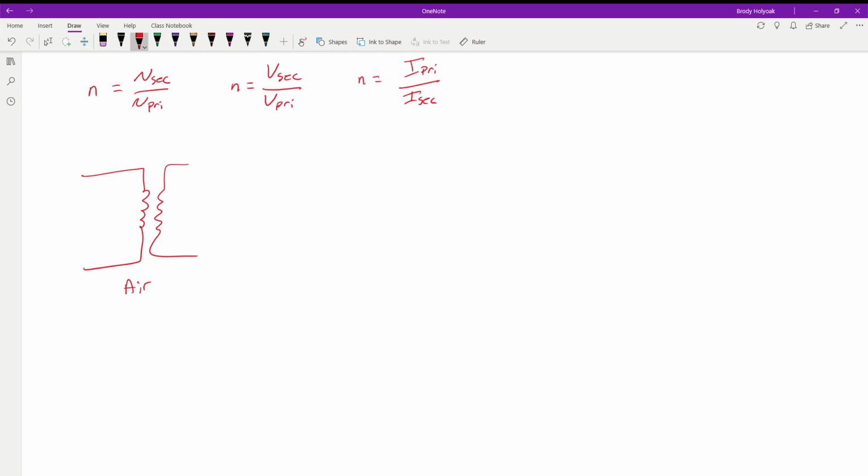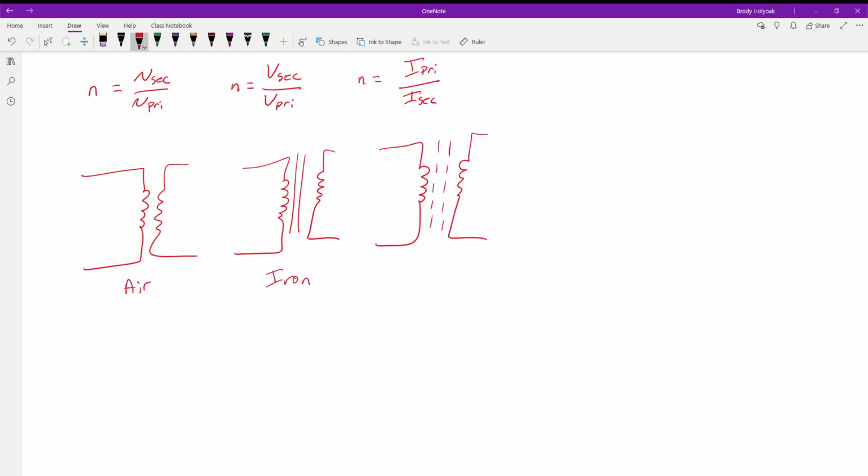The coils are just wrapped around something like a cardboard or paper tube. Just like with the inductors, if we have two solid lines between the coils, this is an iron core. And if we have dashed lines, this is ferrite.